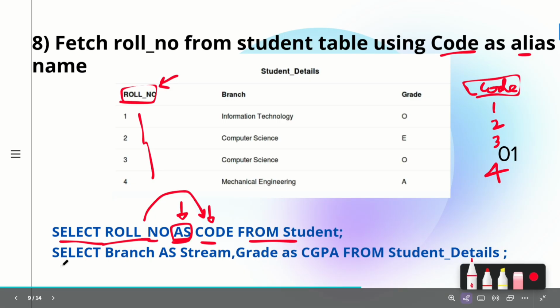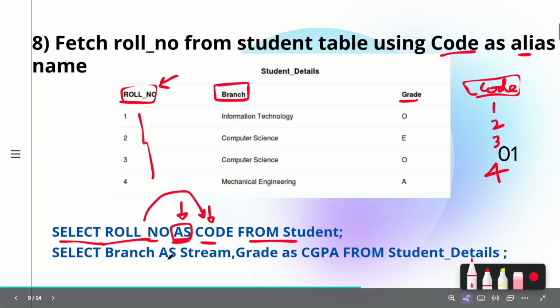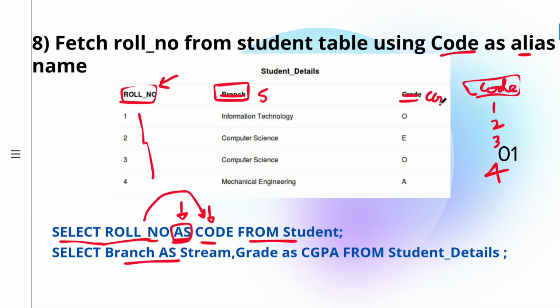Now let's see one more. Now you don't want branch and you don't want grade, but you want the data with changed column names. How will you do that? Simple: select branch as stream, so instead of branch this will change to stream. Grade as CGPA, so this name will become CGPA. So you are giving aliases, a different name for every column header.